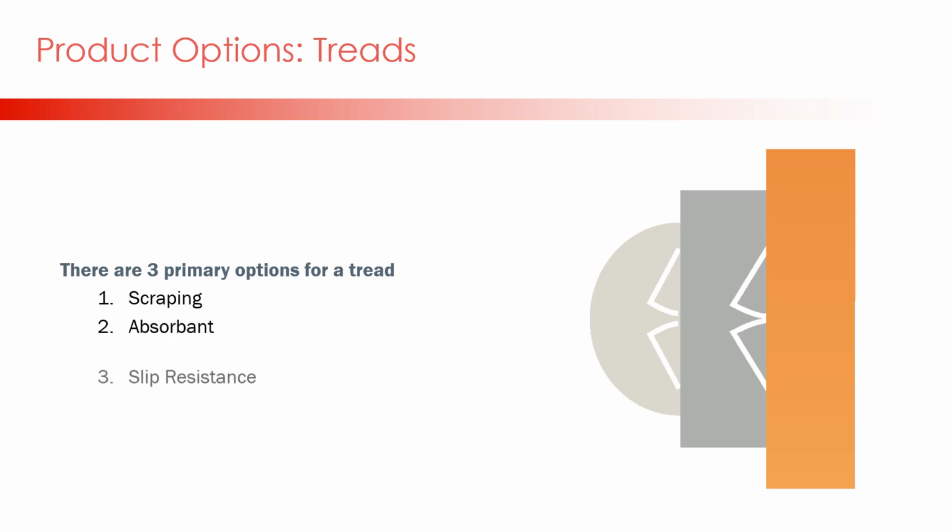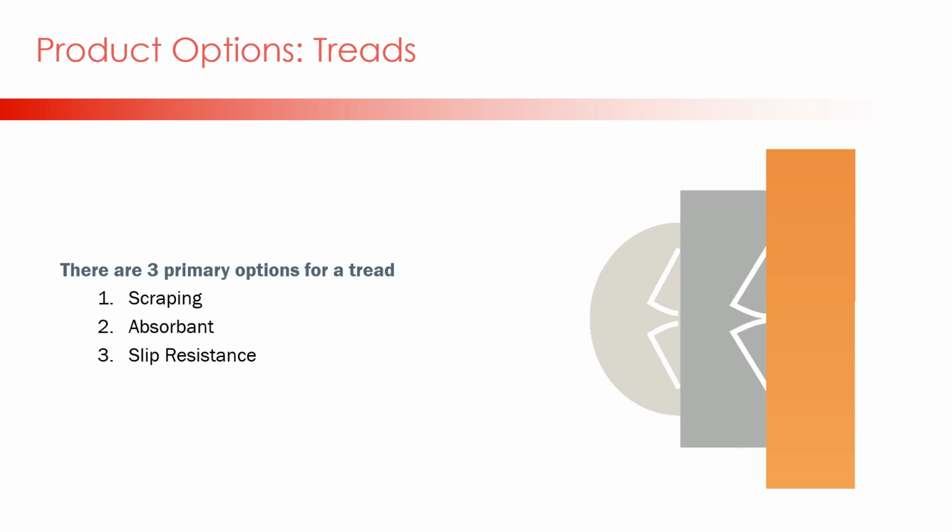With each of the previous products, we've mentioned tread options. There are three primary options for a tread to provide scraping, absorption, and slip resistance. As described earlier, a well-designed system uses a zoned approach, with the exterior designed for aggressive scraping to remove the coarsest soil and to retain dirt, debris, and contaminants.